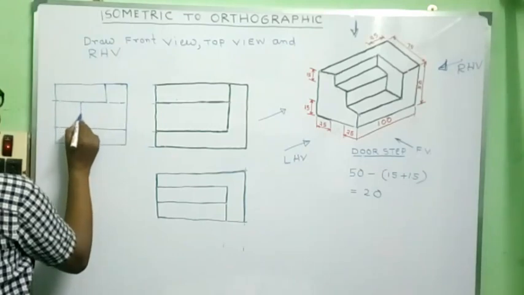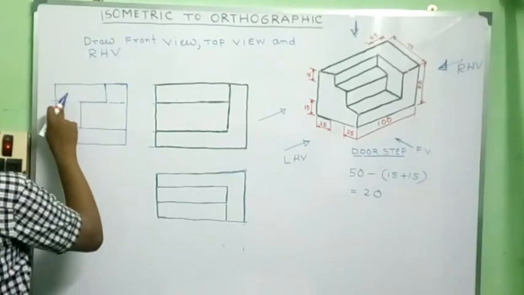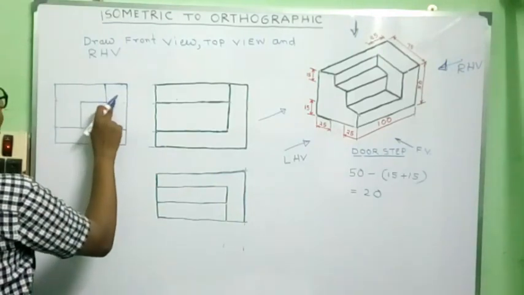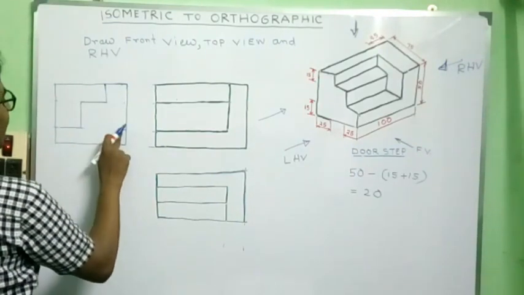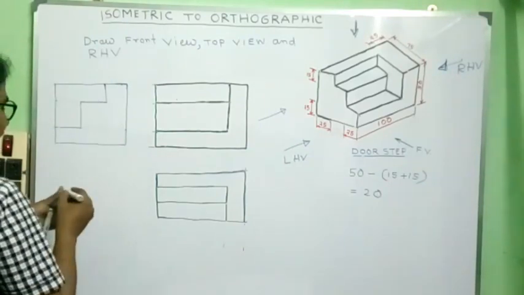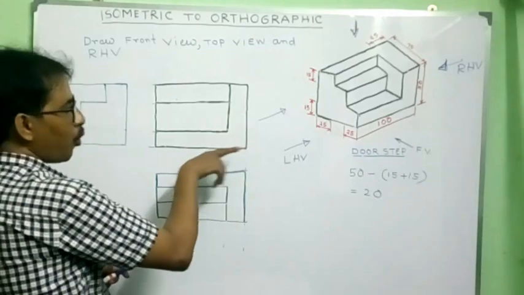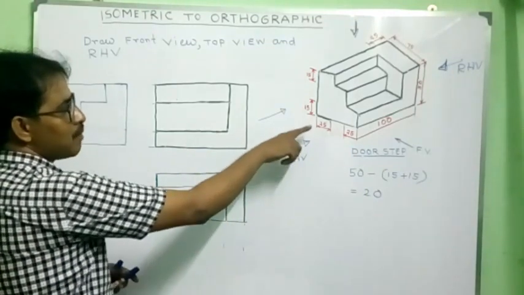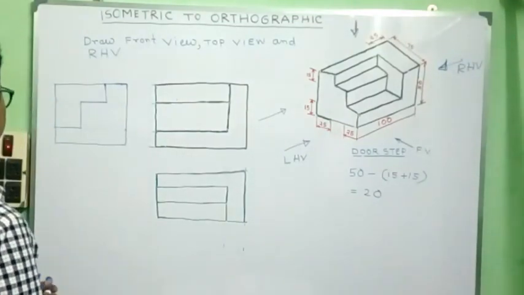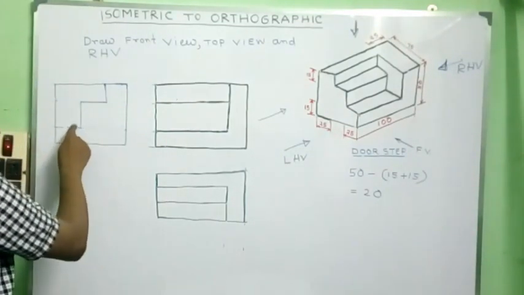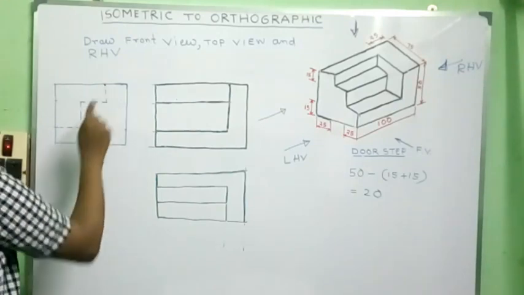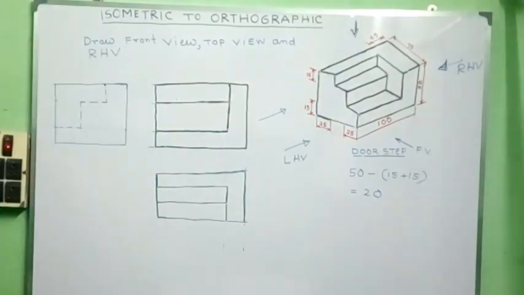Then draw the vertical line. But we are not taking the left hand side view. We take the right hand side view. So this will be hidden.